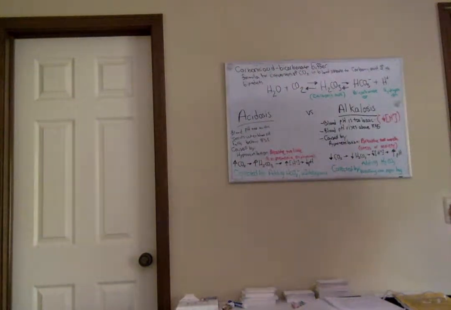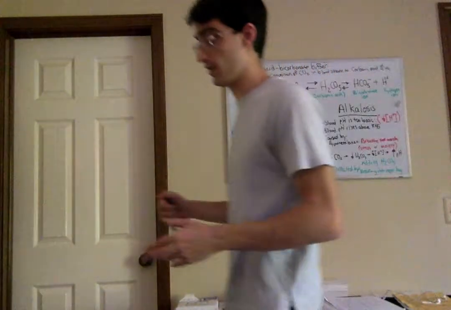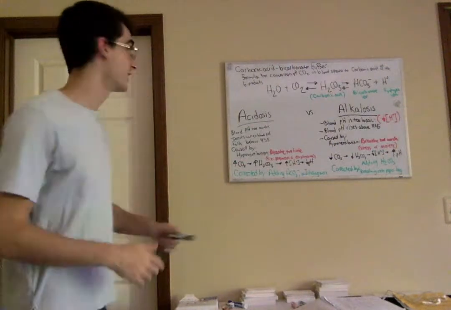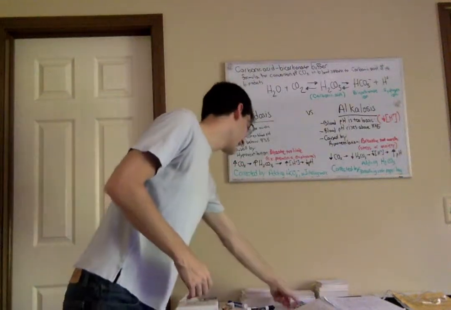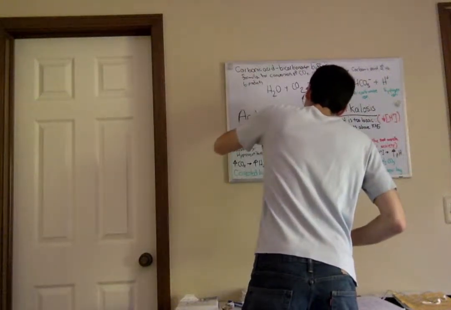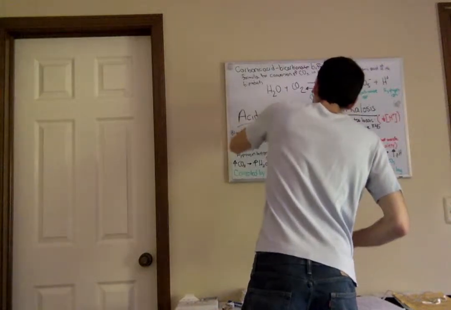So looking over here, alkalosis is when the blood pH is too basic. Again, it's a decrease now in the concentration of your H plus ions, whereas the acidosis was what? An increase in the concentration of your H plus ions.